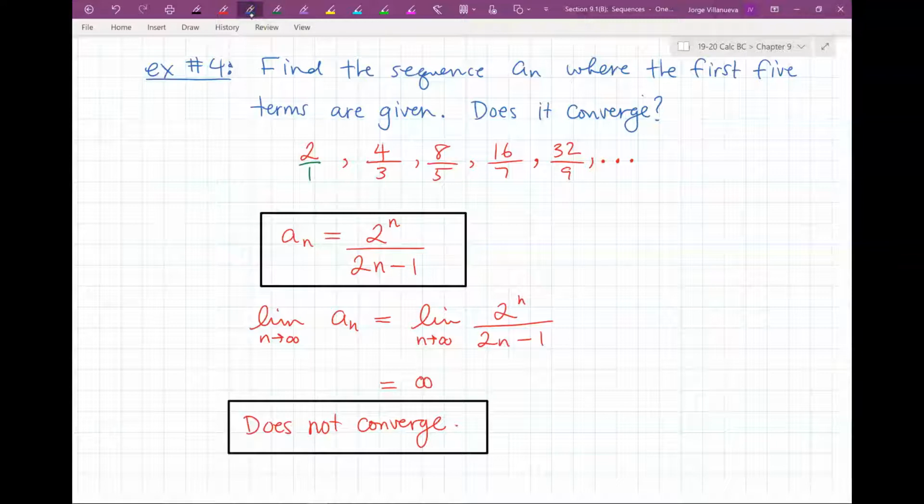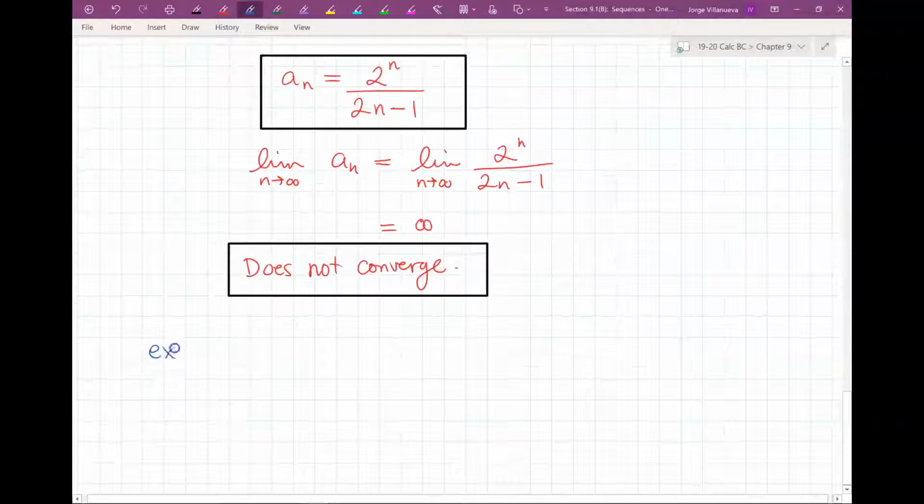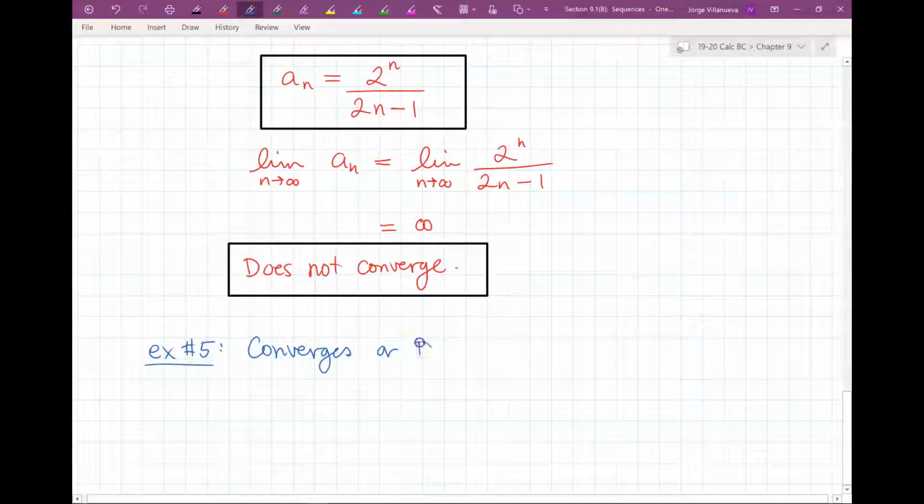Now, example 5, this is really quick. It doesn't take a lot of time, okay? I'm just going to give you 3 different sequences, and you're going to tell me if it converges or diverges. So here's A sub n: n plus 1 times n squared minus 6.